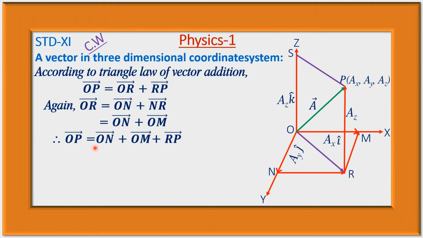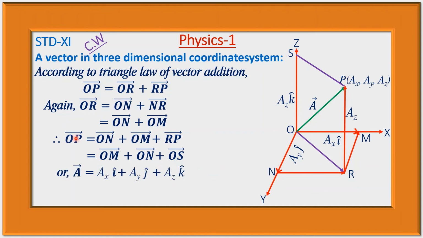Therefore, OP is equal to OR plus RP. Here the value of OR is ON plus NR, so that is ON plus OM plus RP. So we can write by rearranging OM plus ON plus RP, and RP means OS. That is, RP is equal to OS. This is equal to the OP vector, that is the A vector.